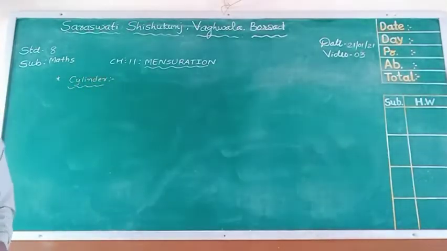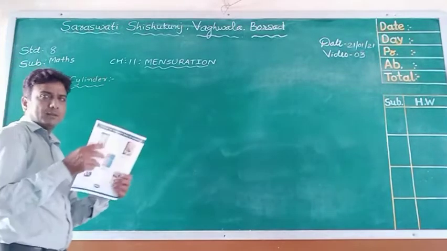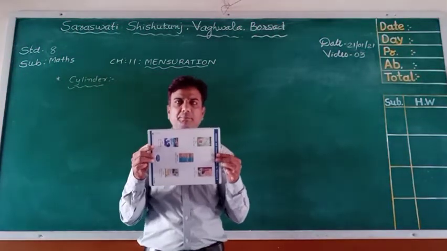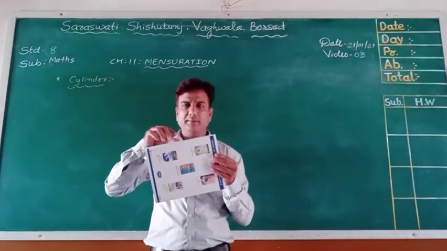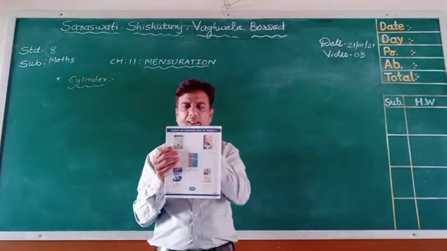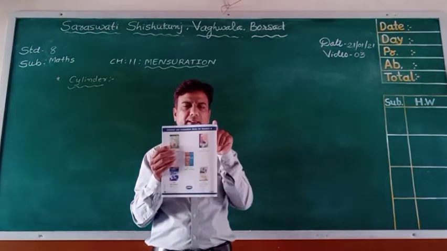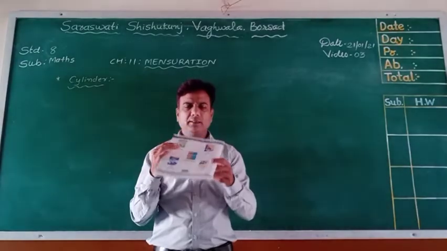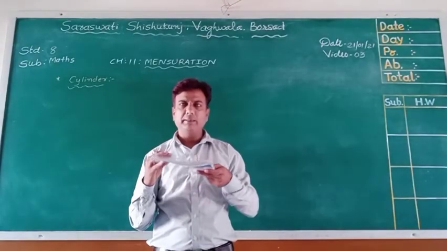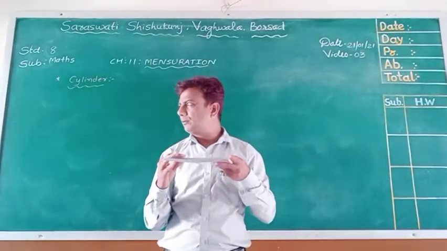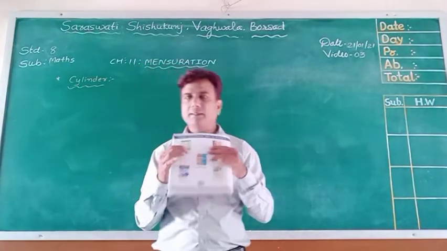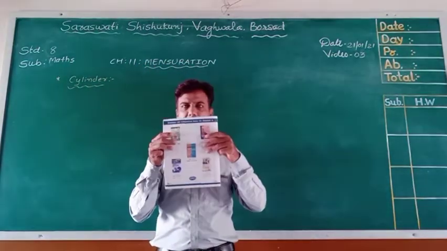see, let's take here one model of a cylinder. See, which type of shape is this? This is a rectangle. Okay, this also a rectangle. This is the length, this is the breadth, and this the length. Now we want to convert this rectangle into a cylinder.